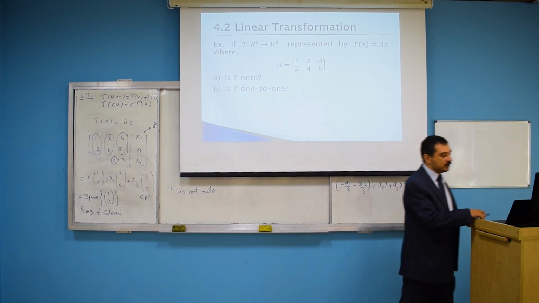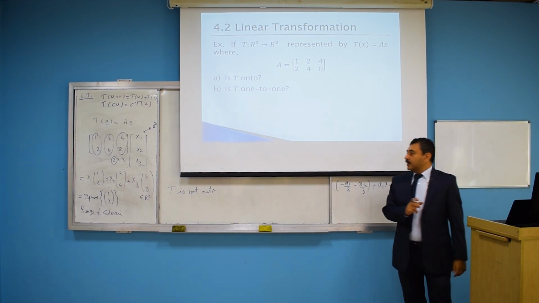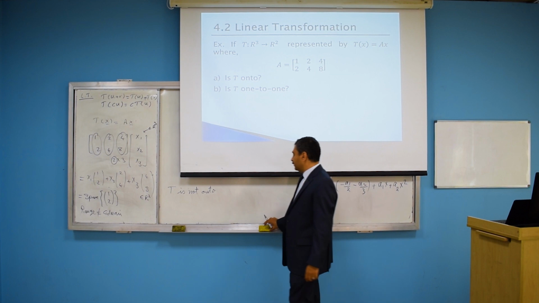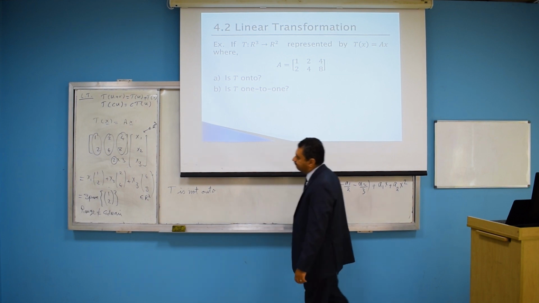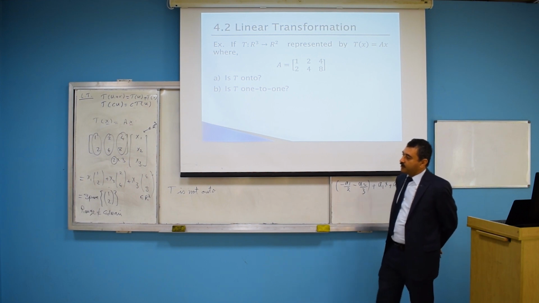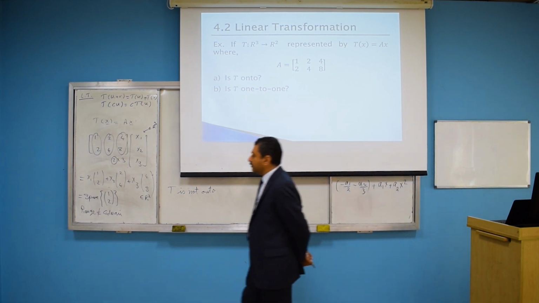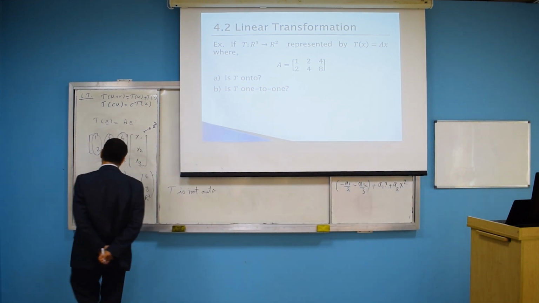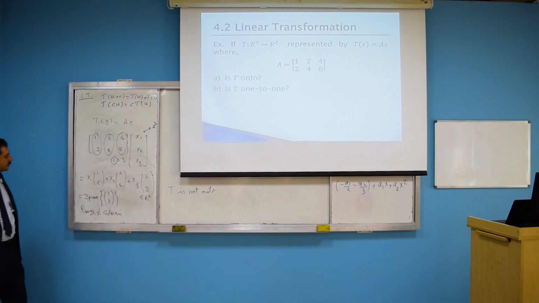What about one-to-one? Again I want to check the pre-image of a vector, for example the zero vector, or any vector, not necessarily zero.